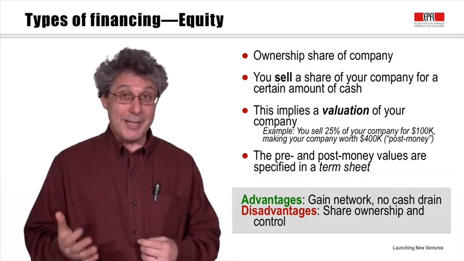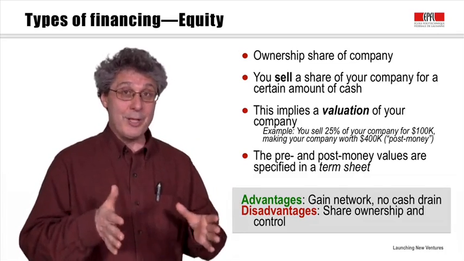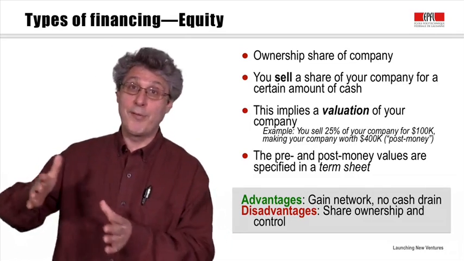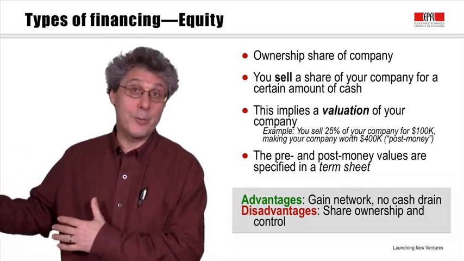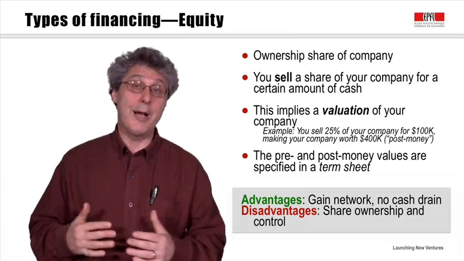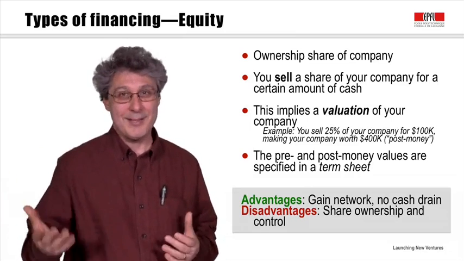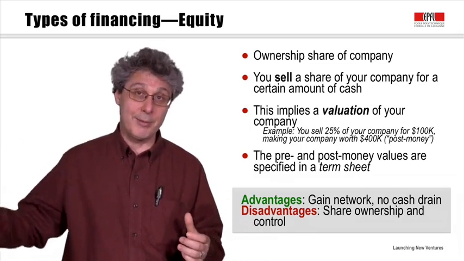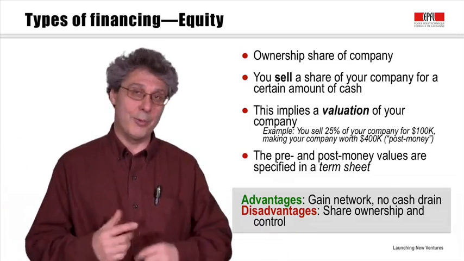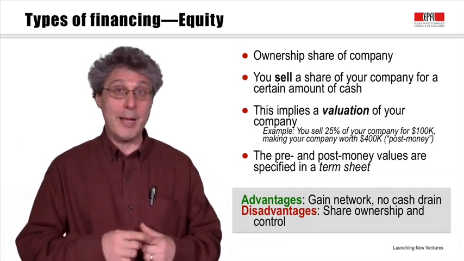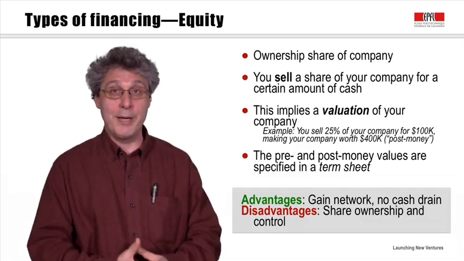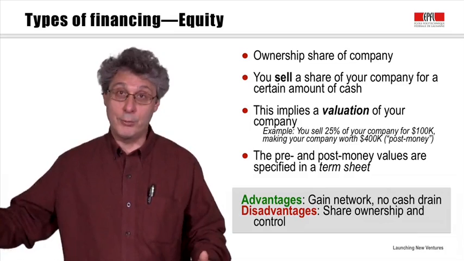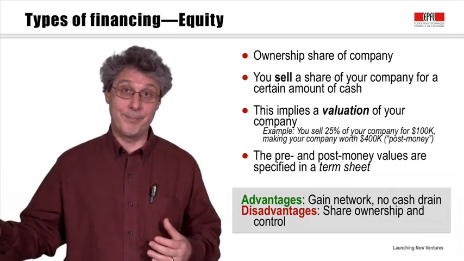Now, that valuation of $400,000 would be brought forward in any future rounds, and depending on how things change in the market, that would be the basis of the valuation. That would be the pre-money valuation for the next round if nothing changed. Now, of course, you might find out that the market is growing more rapidly than you thought before, which would make your pre-money valuation grow in the interim.